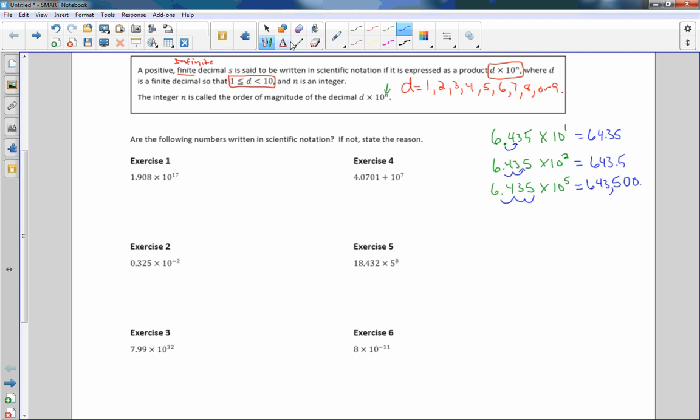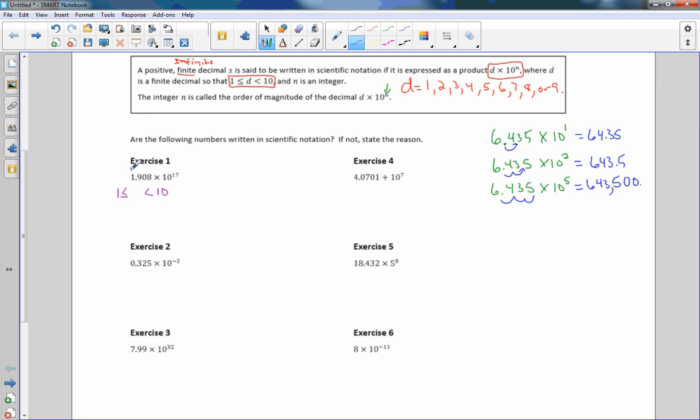Okay, so I'm going to start with this one. All this is saying is, are the following numbers written in scientific notation? If not, state the reason. So the first thing I'm going to do is write this every time so we can remember our rule. The number's got to be greater than or equal to 1, but less than 10.